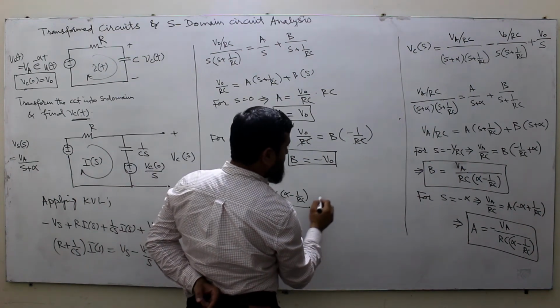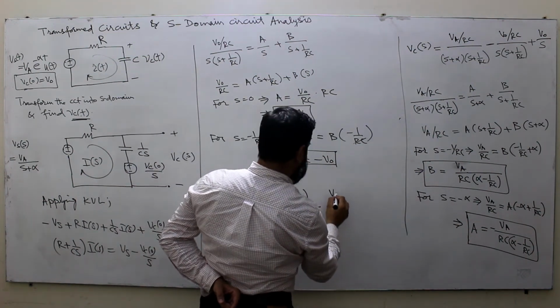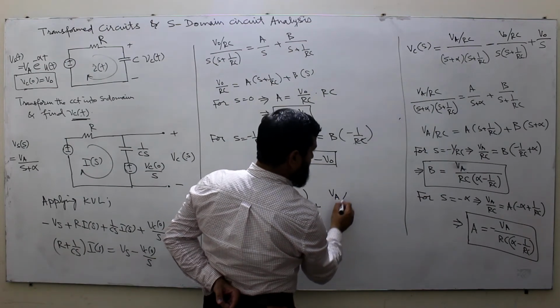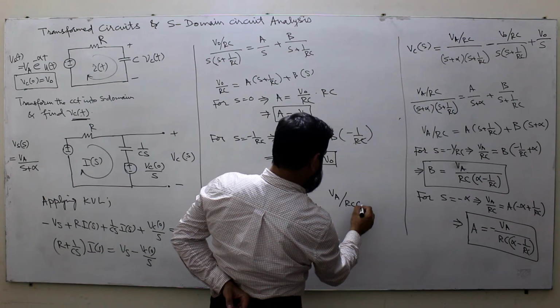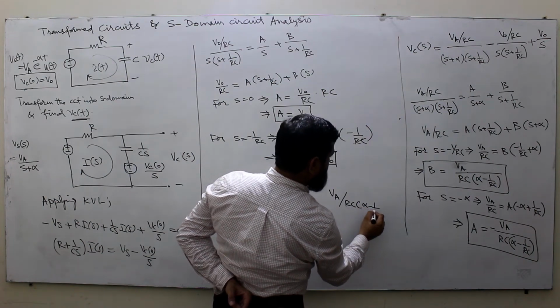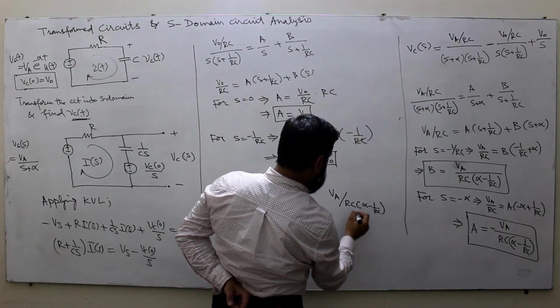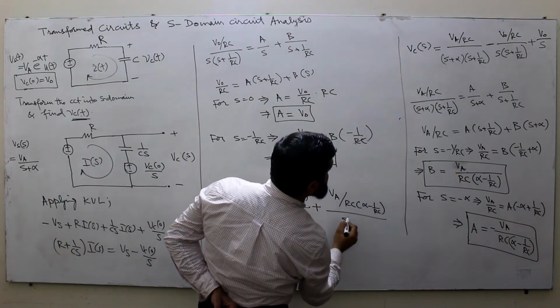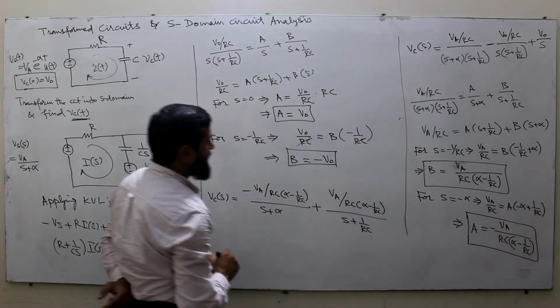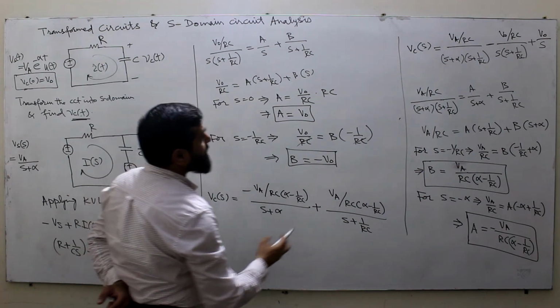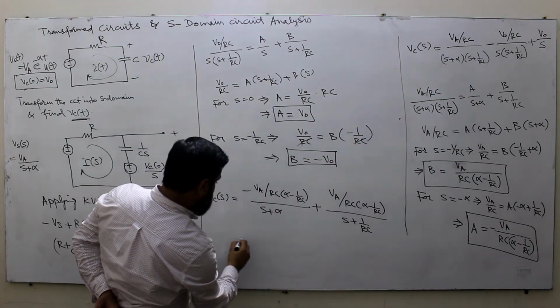Next is B. The value of B is actually similar, except the change in the sign, S plus 1 over RC, and the next is minus.